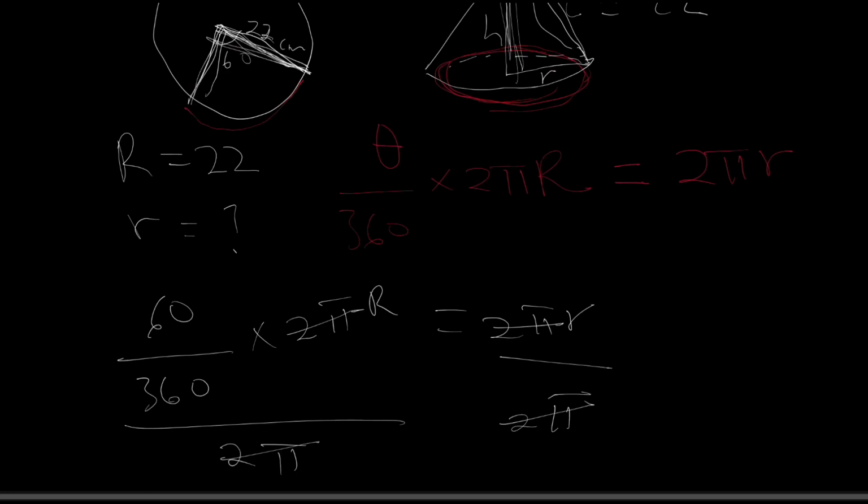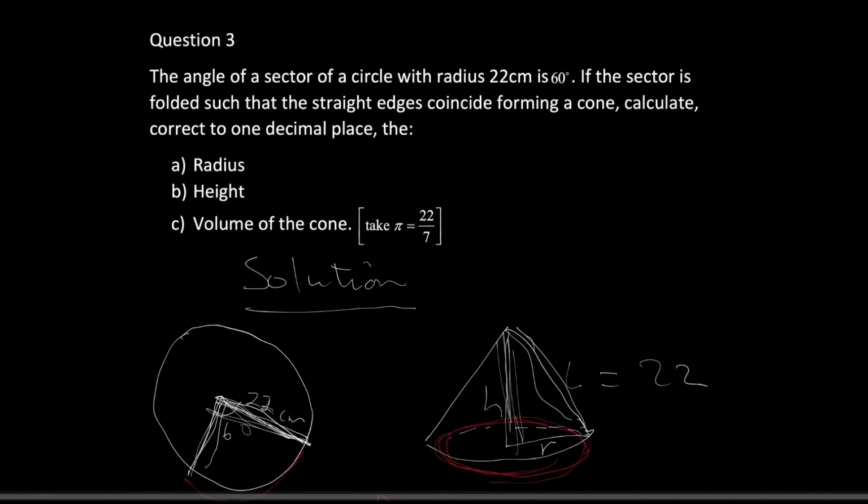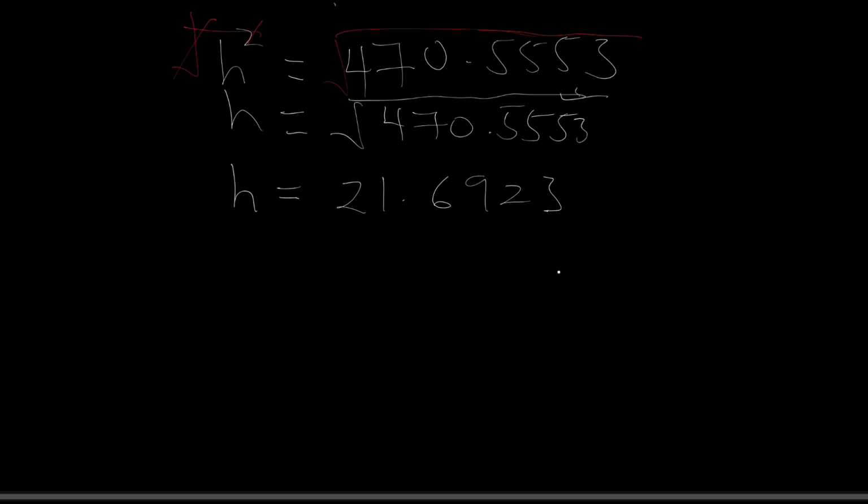But we are asked to correct everything to 1 decimal place. So our height corrected to 1 decimal place is 21.7 centimeters.